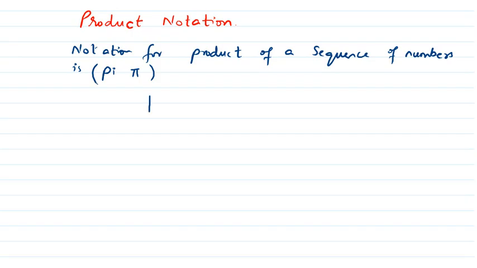For example, I have a product. The pi symbol is for product, starting from 1, ending at 5, a of k, right? How I can open it, or how I can represent it as a product, that is equivalent to starting from k equals to 1, a1 पहली टर्म की बात कर रही हूँ, और इस टर्म ने वेरी नेक्स्ट टर्म के साथ क्या होना है, मल्टीप्लाई होना है.